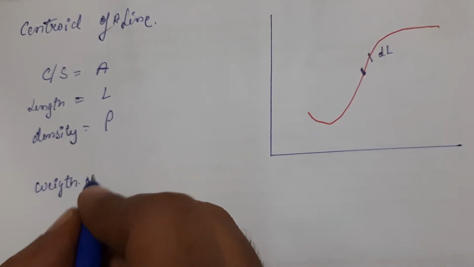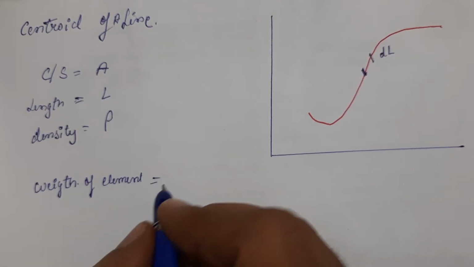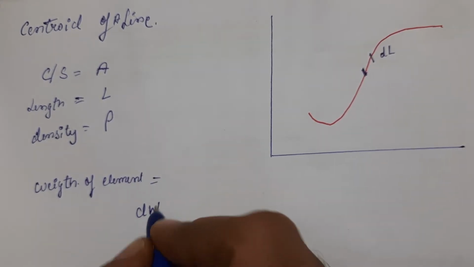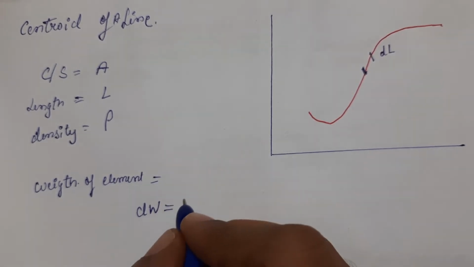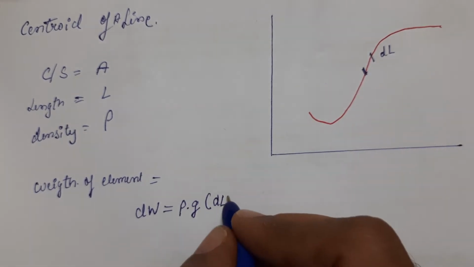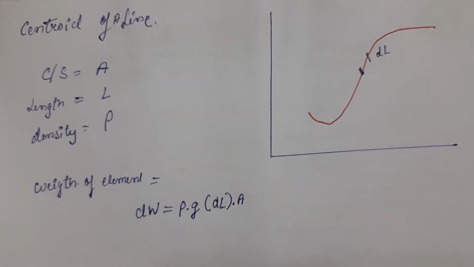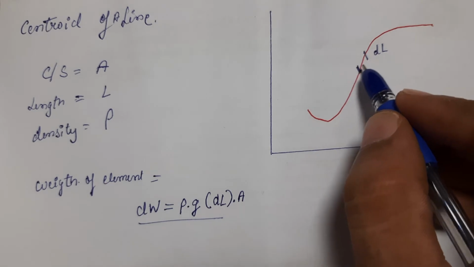weight of the element, that is dw, will be equal to rho into g into the volume, which is nothing but dl, the small length, into A, the cross sectional area. So this is the weight of this particular small section.